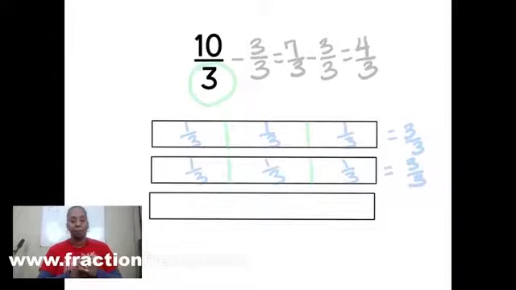So now I have to stop and think again. Is this still an improper fraction? And the answer is yes, because the numerator is larger than the denominator. So that lets me know that I need to continue to decompose. So I'm going to take out another 3/3.